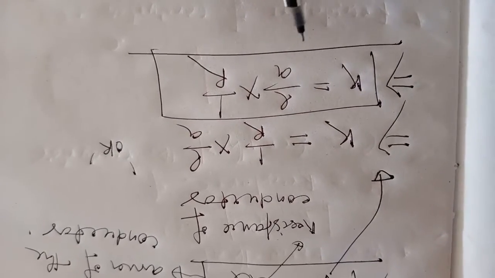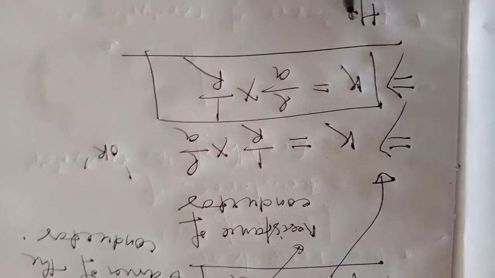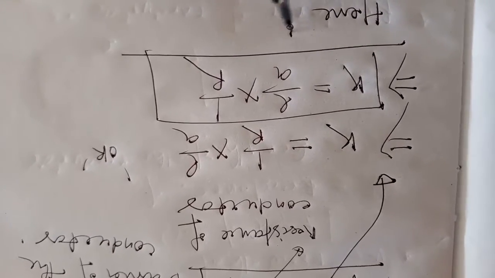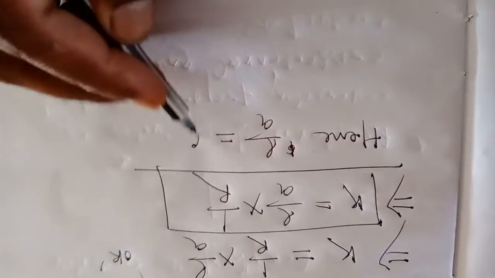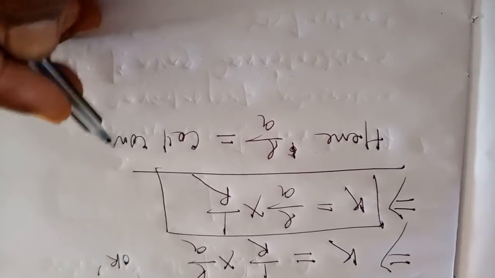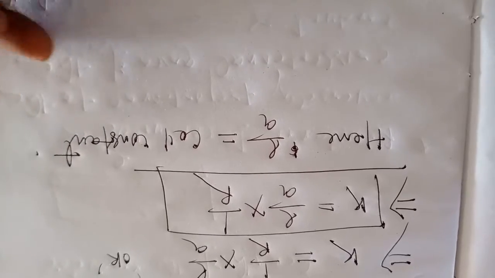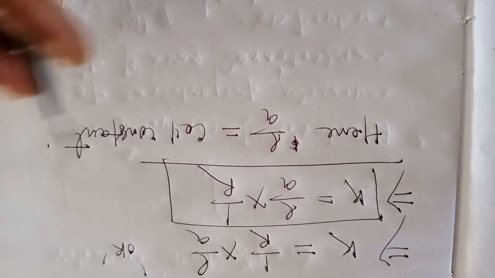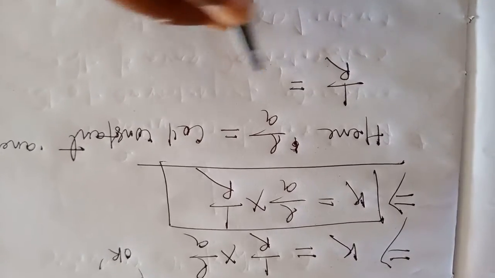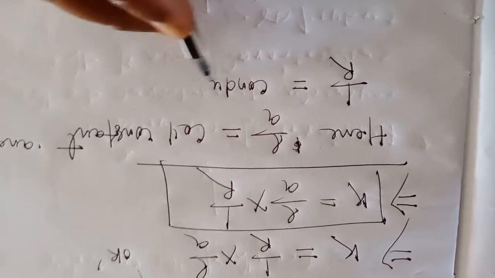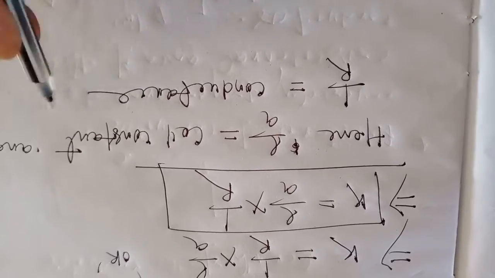Here L by A is called the cell constant, and 1 by R equals the conductance.